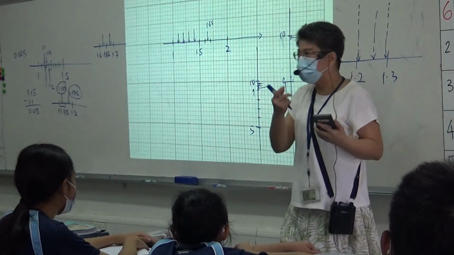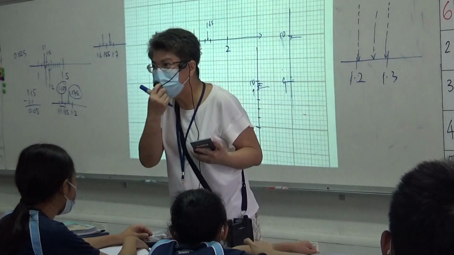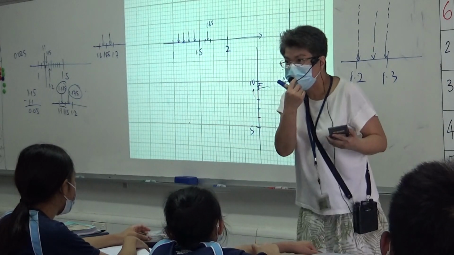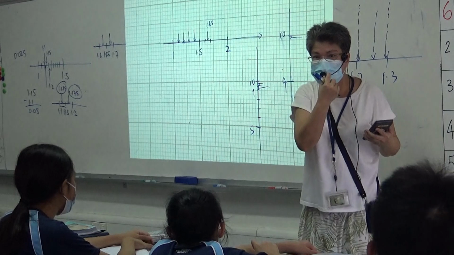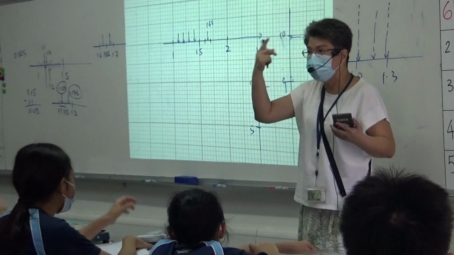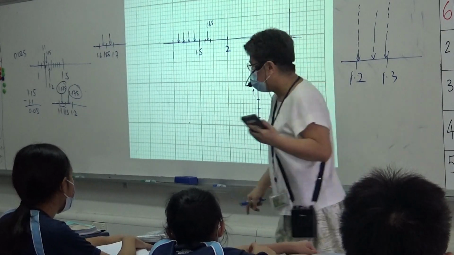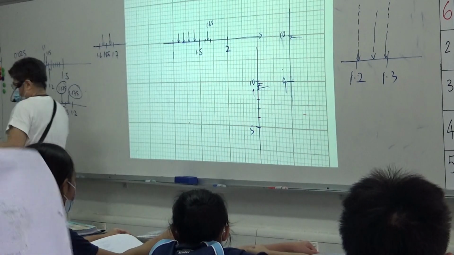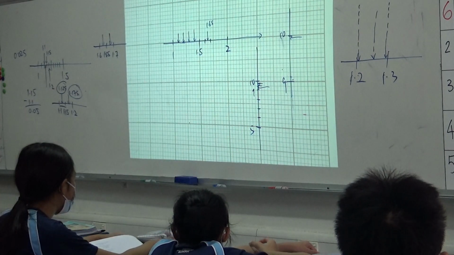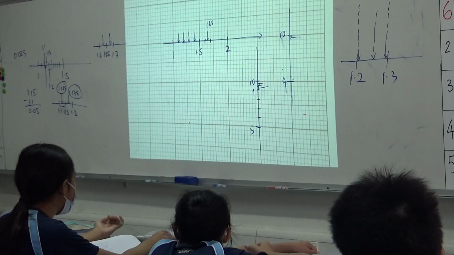Alright. So, I repeat, you can only read to half the smaller scale. Everybody clear? I will teach you more when we go to the next year when we read more graphs. Everybody okay? Alright, good.